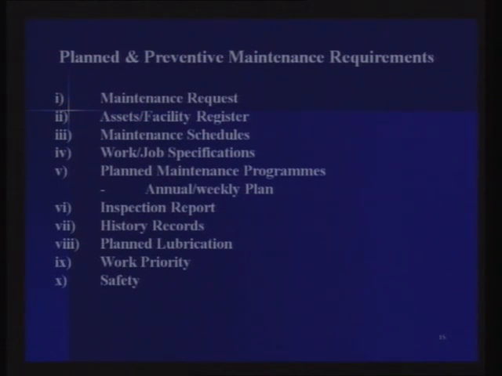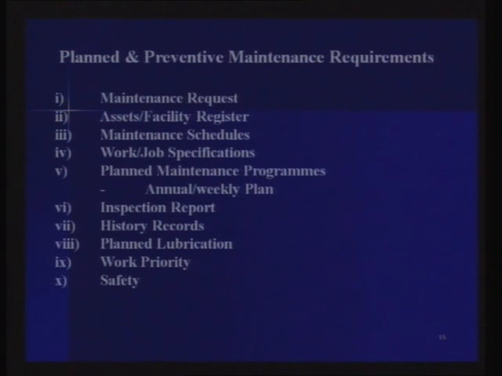So first is the maintenance request, asset and facility register, that is, stock taking must be there, maintenance schedule, work and job specification. If possible. Every time it may not be possible to specify the work and job specification accurately, unless you move to the maintenance technician, they move to the spot. But in many other cases, it may be possible.